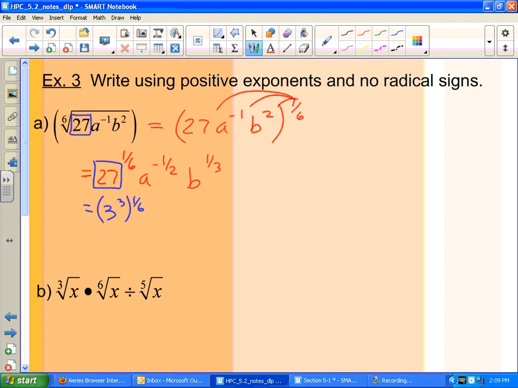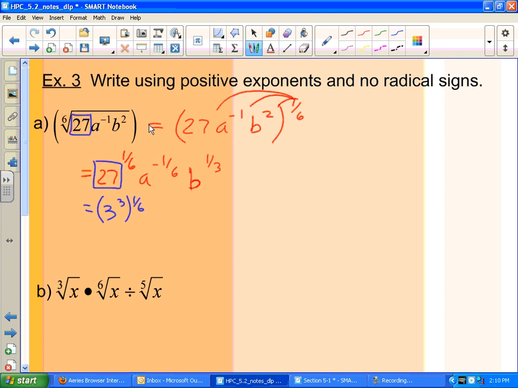Yes? Oh yeah, that shouldn't be 1. Yep, you're right. This should be negative 1/6, not 1/2. All right, there we go. You good now? All right, go back to the 3 to the 3rd thing.